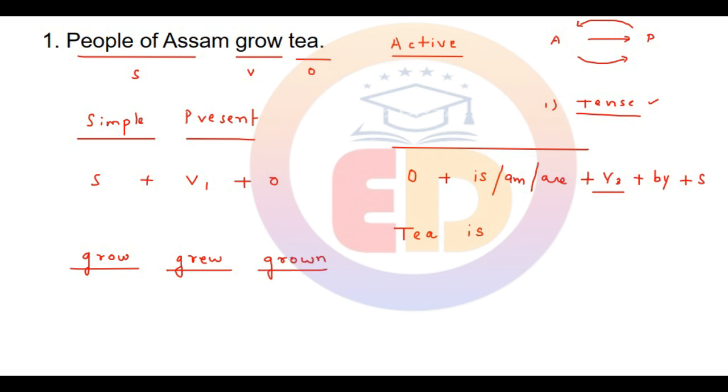So the third form of the verb grow is grown, followed by the preposition by comes the subject, people of Assam. So the passive voice will be: tea is grown by people of Assam.